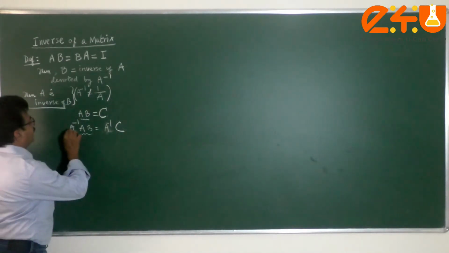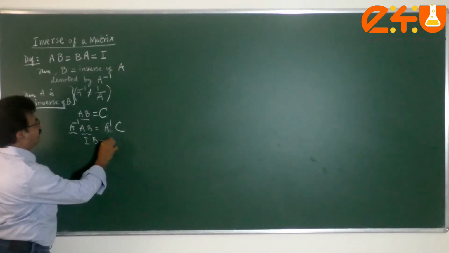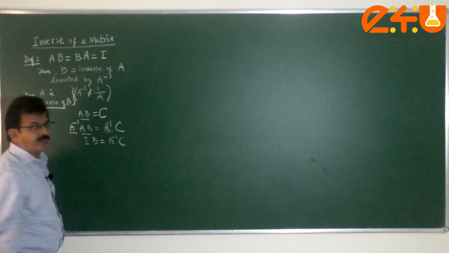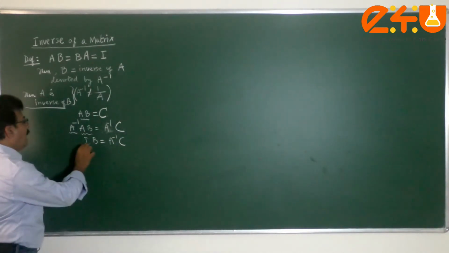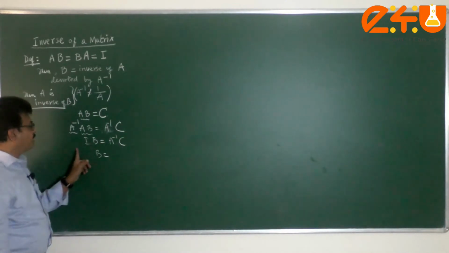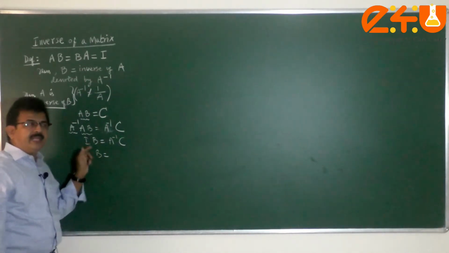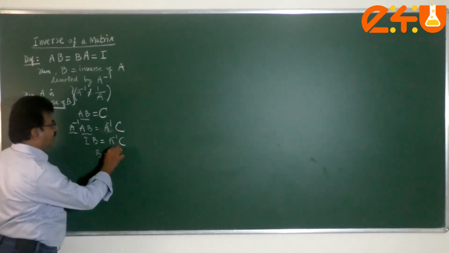Now A inverse A is I, so I times B, and I have not done any operation on the RHS, it is still A inverse C only. I times B, just now we saw it is an identity matrix. Any matrix multiplied by identity gives the same matrix B. So B is A inverse C.